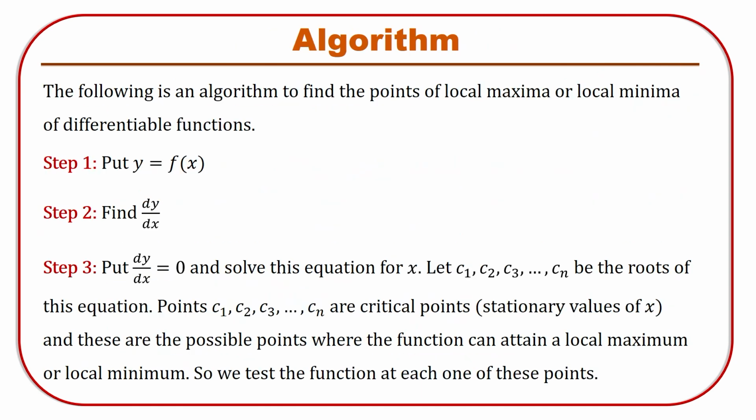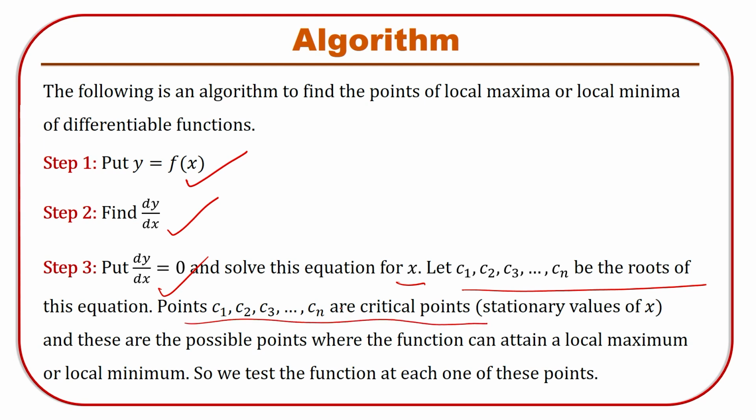And this is the algorithm which we will follow directly to find the local maxima or local minima of a given function. Put y equal to f of x and find dy by dx, then put dy by dx equal to 0 and solve this equation for x. Let c1, c2, ..., cn be the roots of the equation.